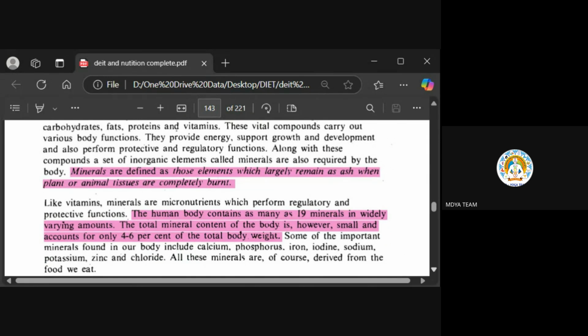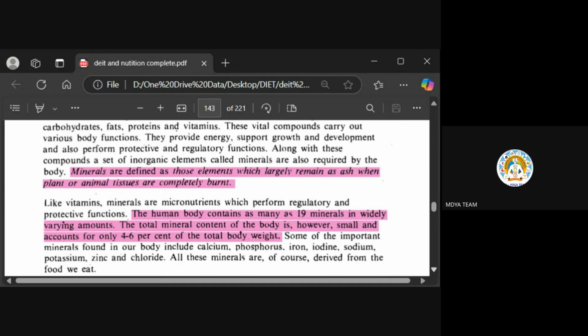Also some nutrients are referred to as the trace ones because they are present at a very low level in our body, and some are in a very large quantity comparatively to the trace elements. So in this also there are the macro minerals and the micro minerals.